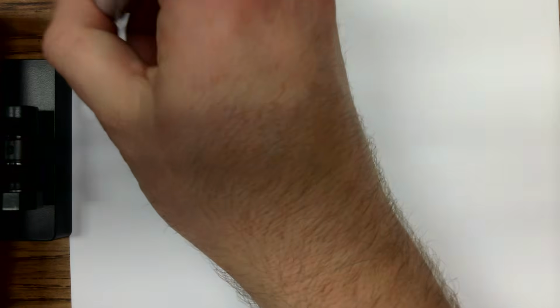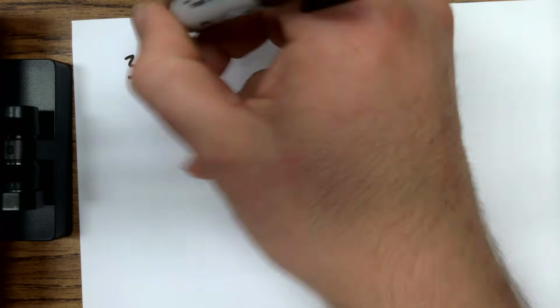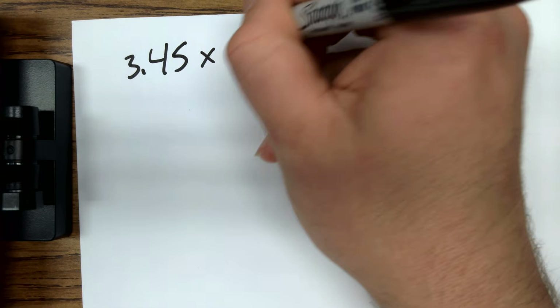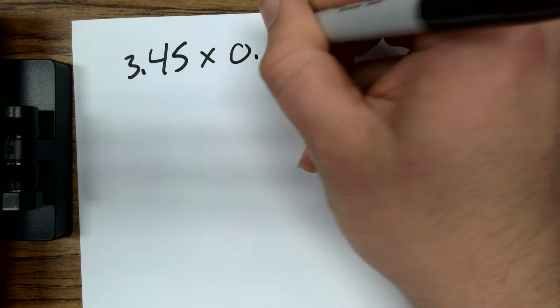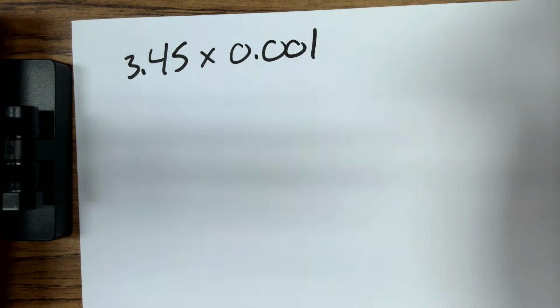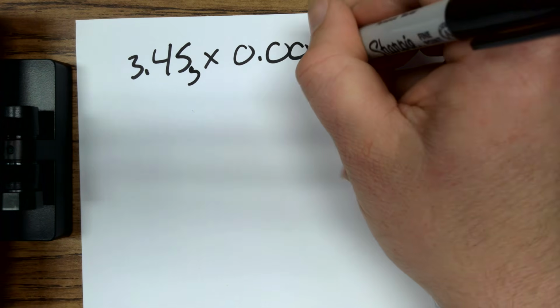Let's do another one. 3.45 times 0.001. So that's grams, and we'll make this grams as well.